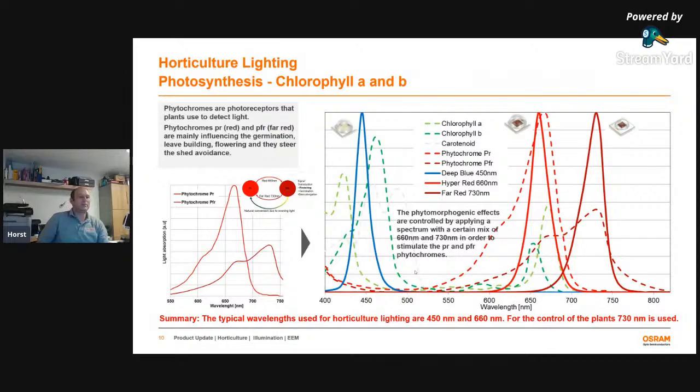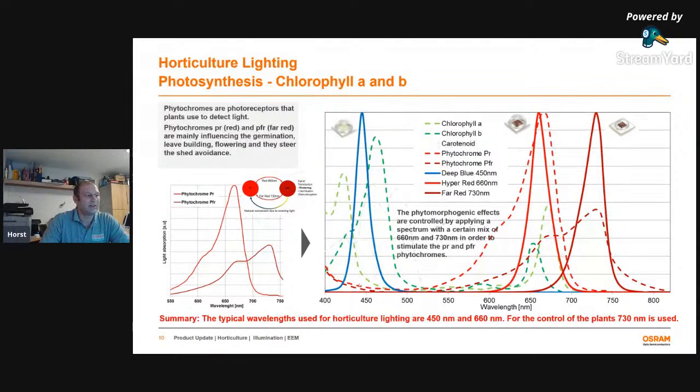To be more concrete, these are not the only receptors of a plant. You have carotenoid, phytochrome, far-red phytochrome, red phytochrome, and so on. What we are doing is addressing, with our LEDs and our spectra, exactly the regions where the sensitivity of the plant is.